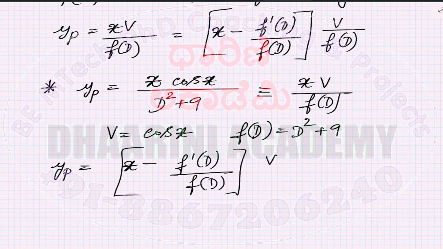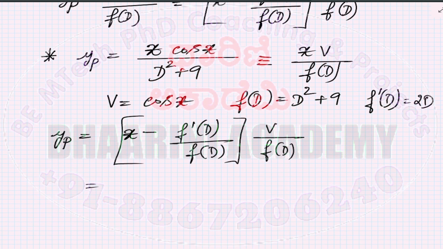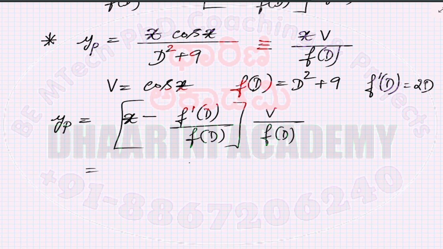Let me write the equation once, then we can substitute. This is f of D, so we need f dash of D as well. So f dash of D is 2D. So we use all of them together to substitute like this.